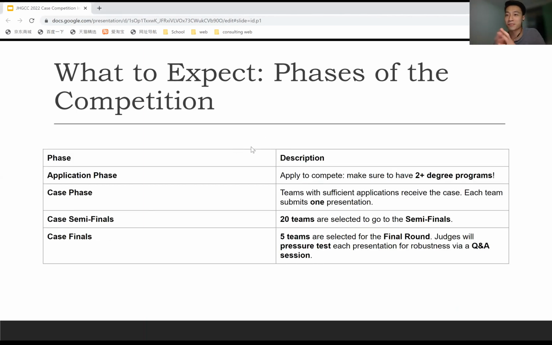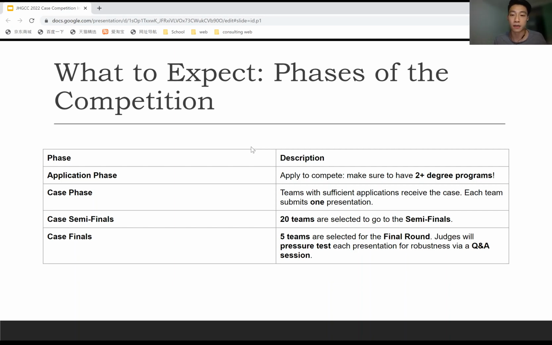This is just a recap of what I've been elaborating. It might not be that clear, but this page should be clear. There are 4 phases. Application phase: just make sure that you satisfy the 3 criteria.